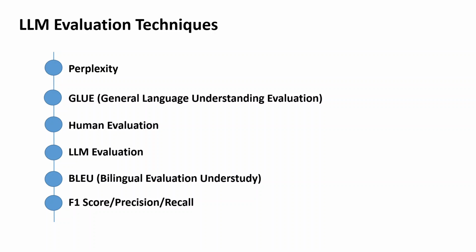And then we have METEOR, which stands for Metric for Evaluation of Translation with Explicit Ordering. And then lastly, we have the F1 score, or we also call it precision and recall. This is a classic way of measuring model quality. It evaluates the balance between precision and recall.